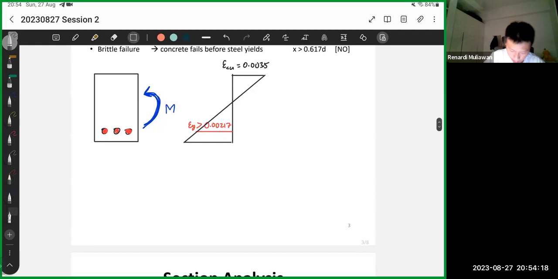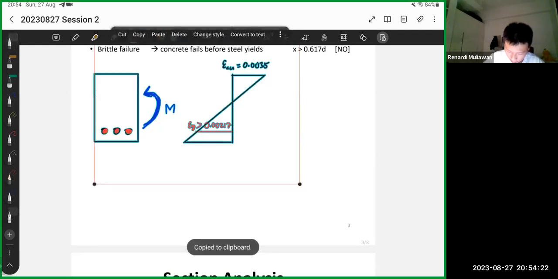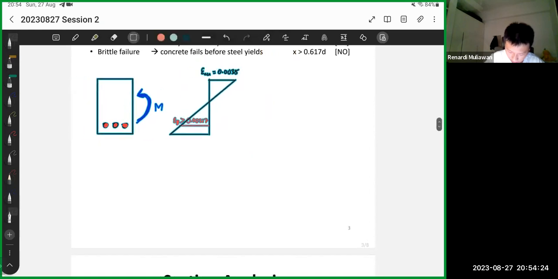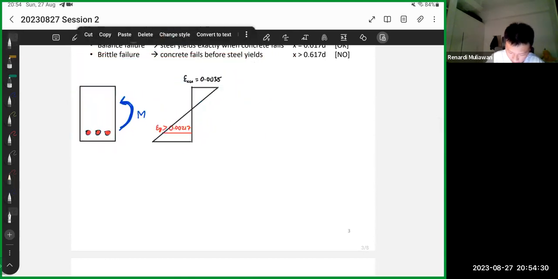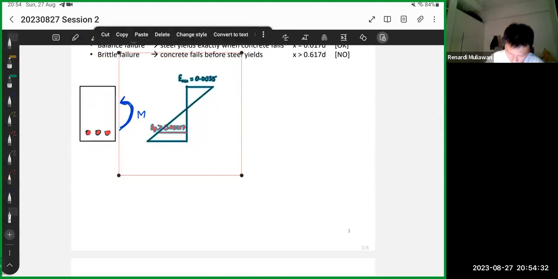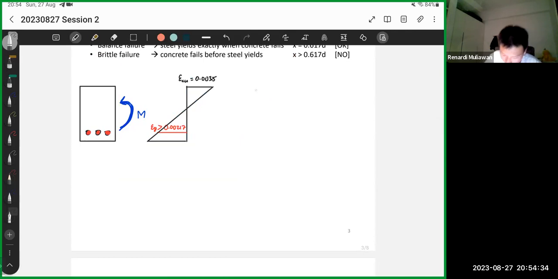So how about the rest? Okay, let's make this smaller. Actually, I'll do it on the right. For balance failure, I think it's as expected. This is epsilon Cu, so this is 0.0035 as usual. We assume the concrete has failed.